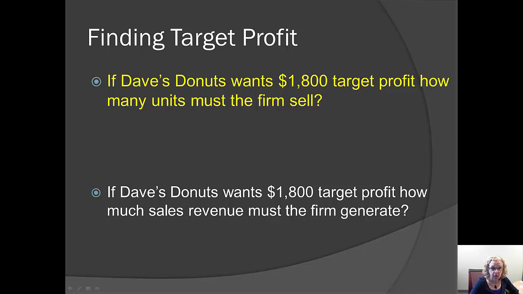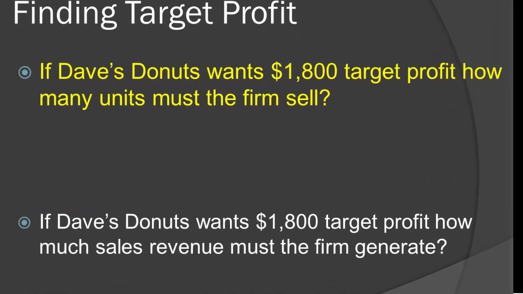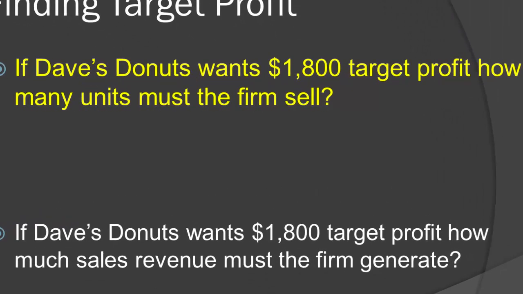So let's take a look at Dave's Donuts, the same company that we used in Part A. If Dave wants to make a target profit of $1,800, how many donuts does he have to sell? Well, we start out with our formula, profit plus fixed cost divided by contribution margin will give us how many units we have to sell.